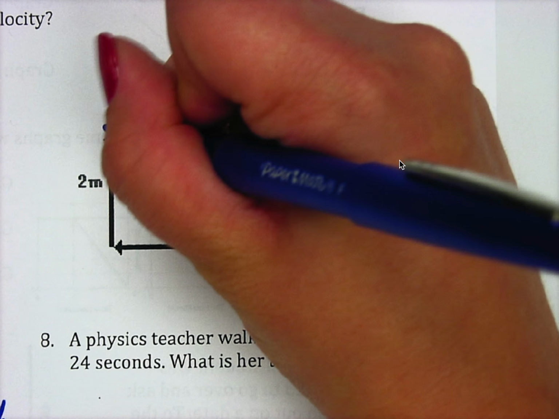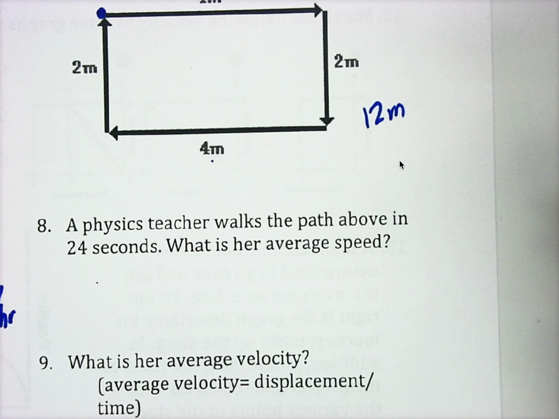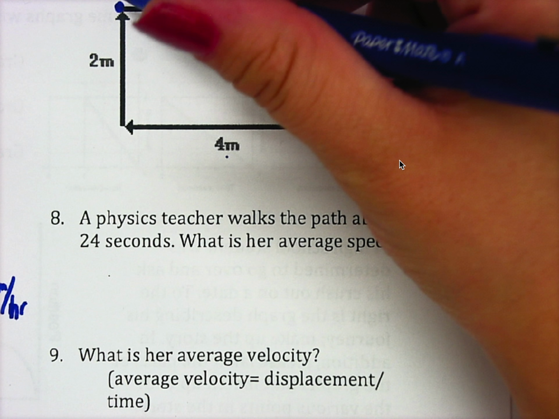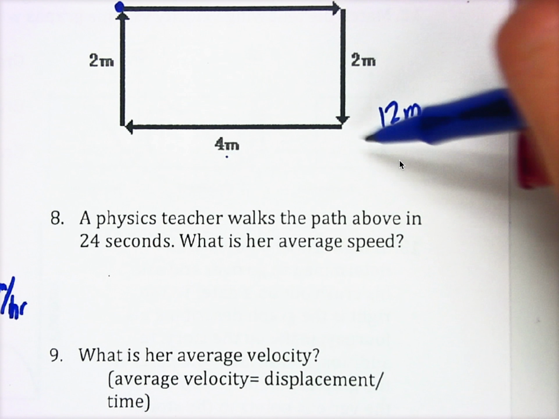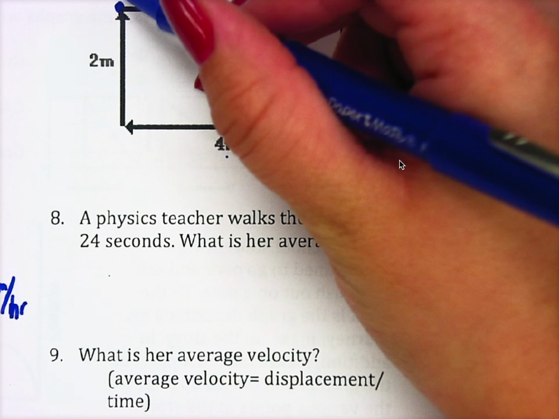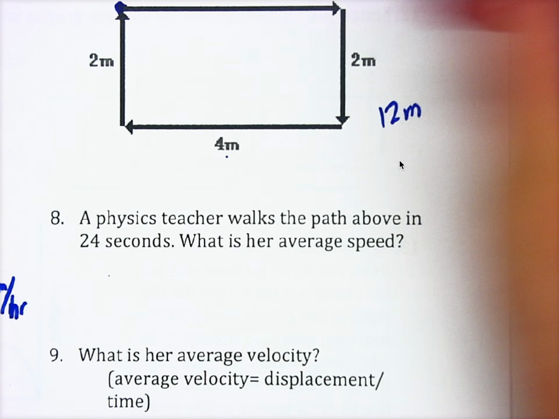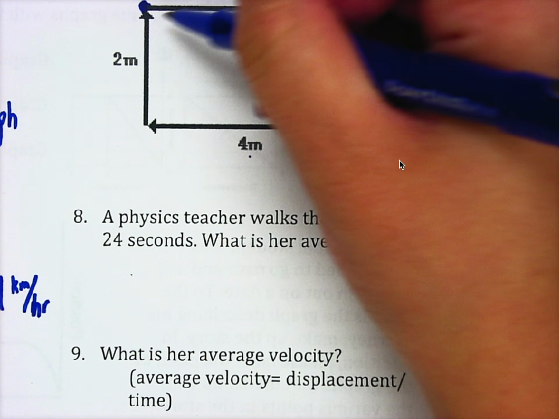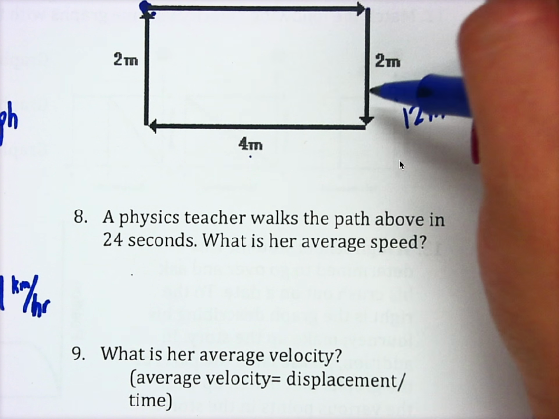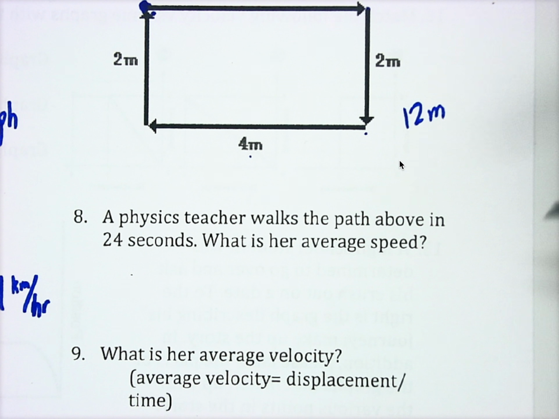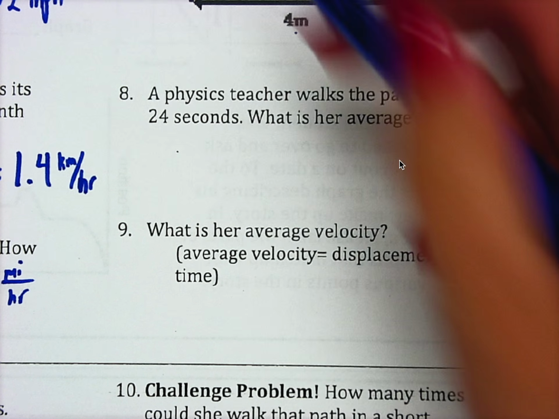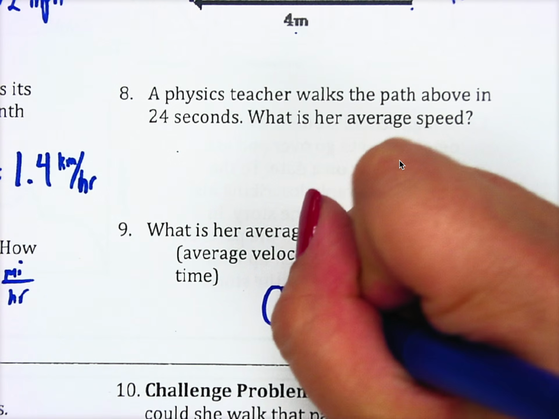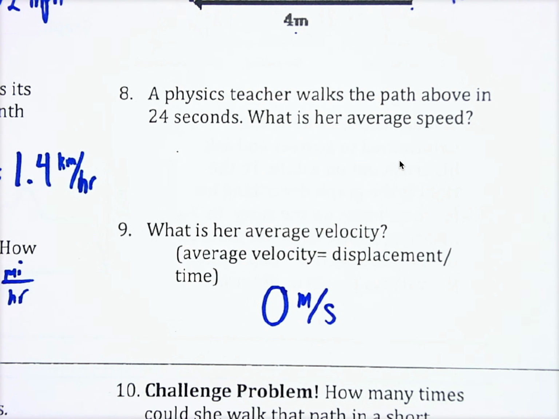If you were doing velocity, however, velocity is displacement over time. So if you go this and you end up back where you started, there is no displacement. There is no change in position. So her average velocity, because she went positive and then negative, they're going to cancel each other out. There's no displacement. It's going to be 0 meters per second.